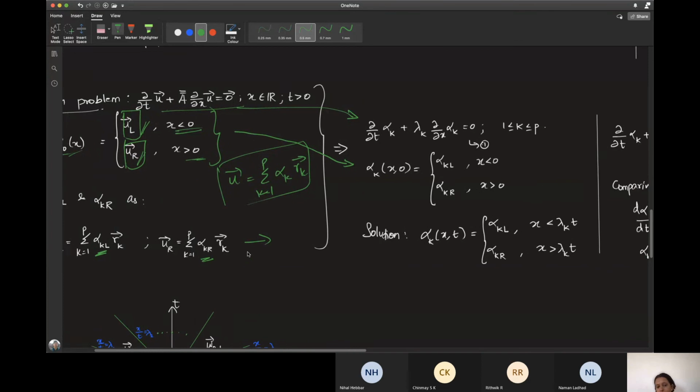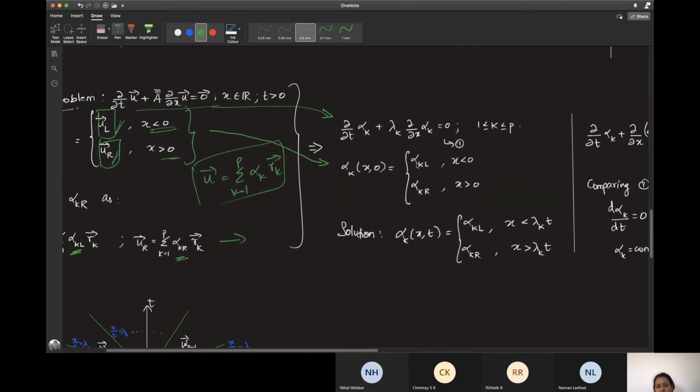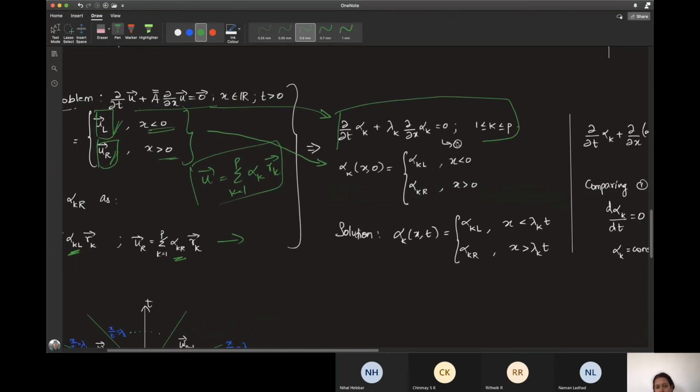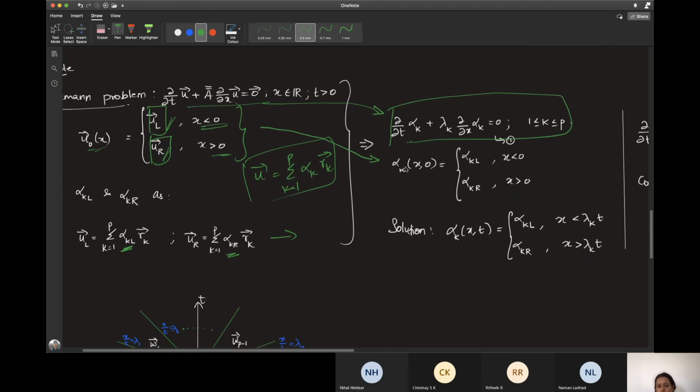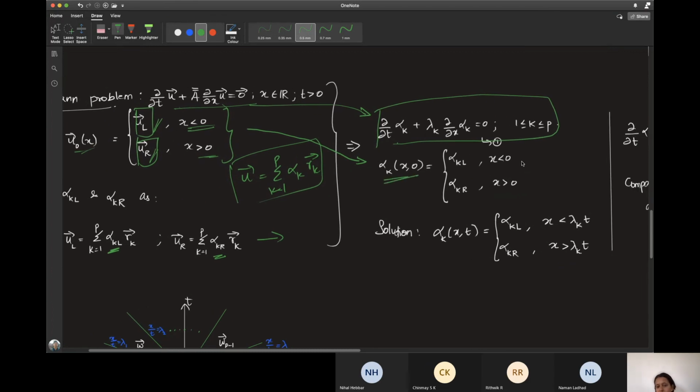Alpha kl and alpha kr. So now for these scalar equations, we write the initial condition as something like this. That is, towards the left of 0, alpha k will take the value alpha kl, and to the right of 0 we have alpha kr.